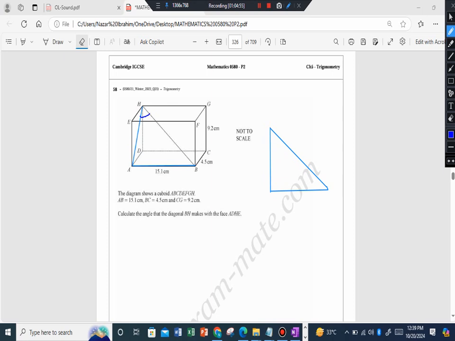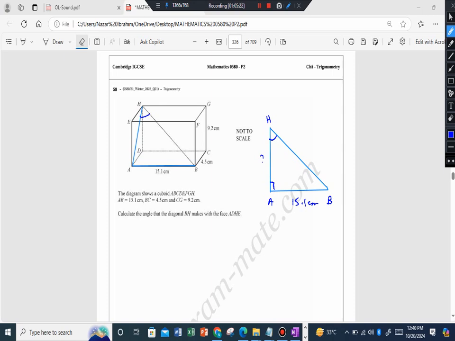What we know here is A, B, H. AB is 15.1 centimeters. We don't know AH. And we are asked to find this angle which BH forms with this. Definitely two sides should be known in order to calculate any angle in a right angle triangle.